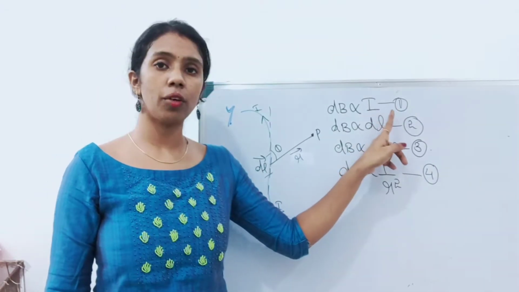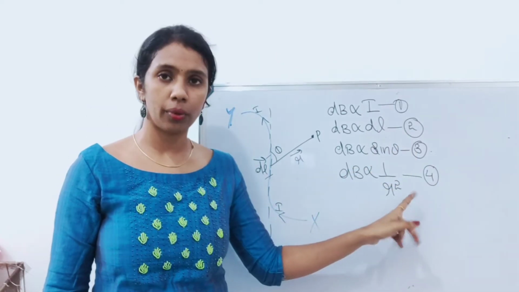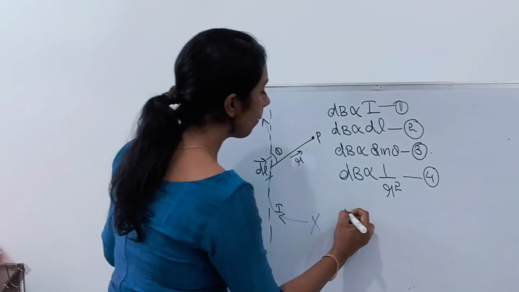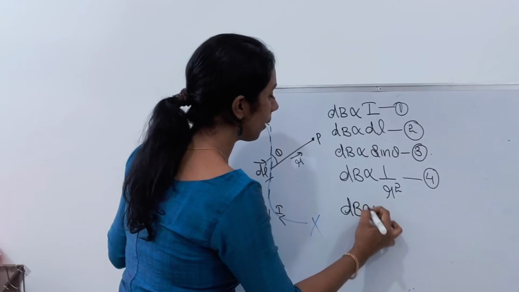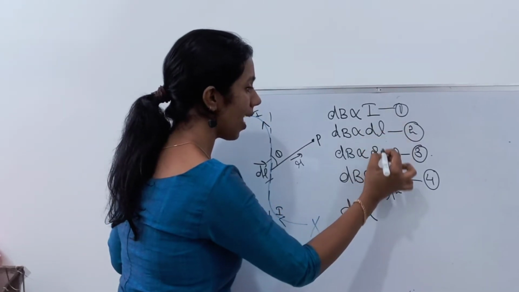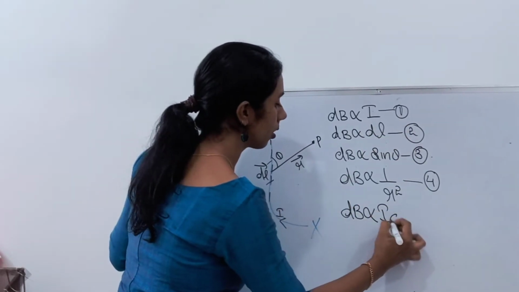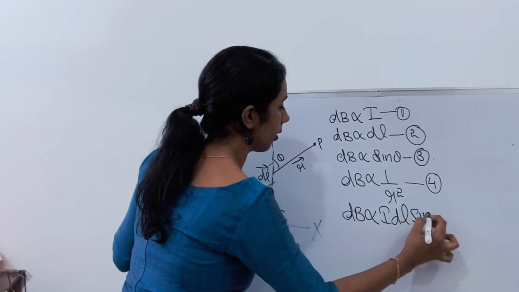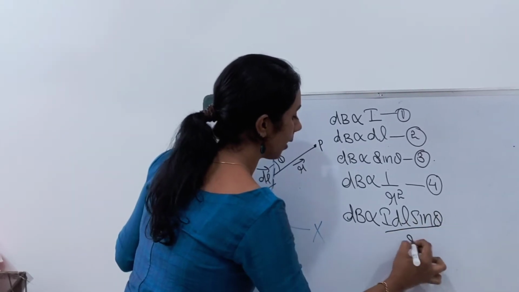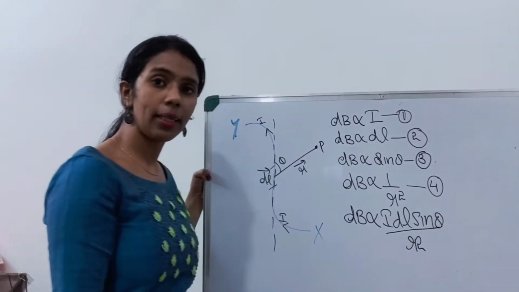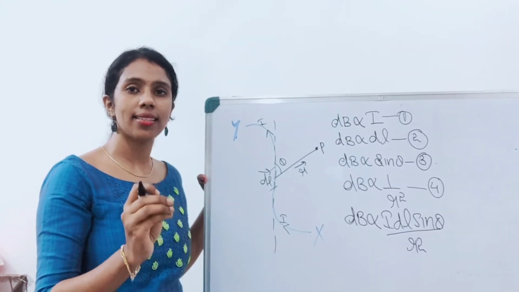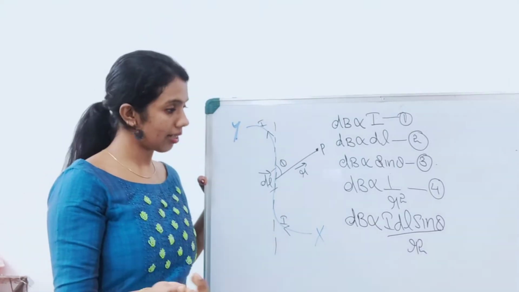Comparing equations 1, 2, 3 and 4, we can write dB is directly proportional to I dl sine theta divided by r square.